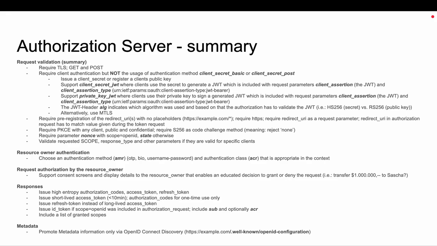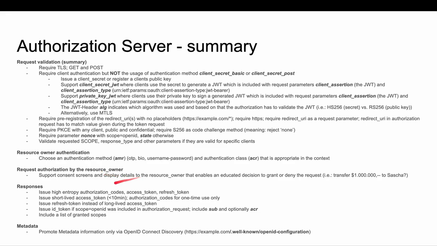So now on this slide, I went a little step ahead and took all the requirements that we saw on the previous pages and put them into different sections here. So for example, if you wanted to evaluate an authorization server or if you want to build one for FAPI, these are validations, for example, request validations that you should implement and follow. In regards to resource owner authentication, you should look into this section here, request authorization by the resource owner.